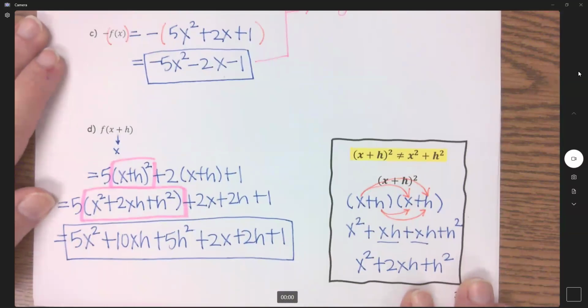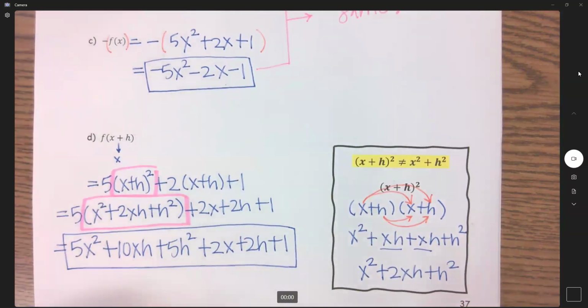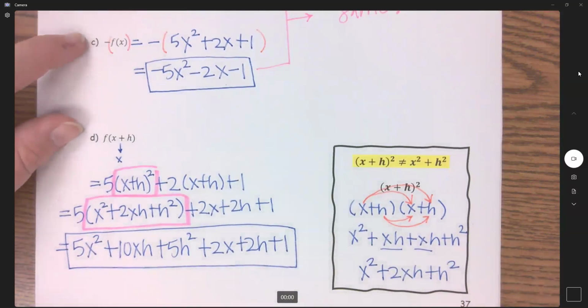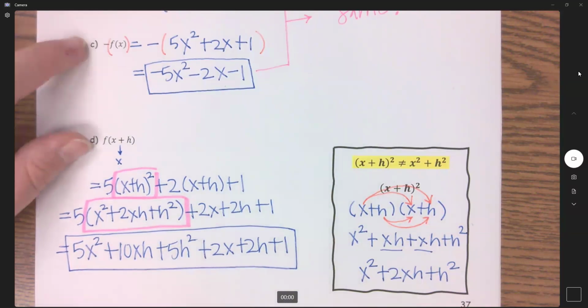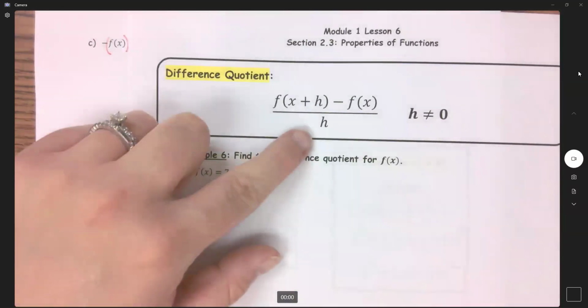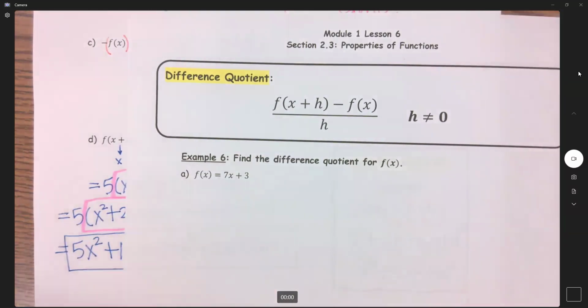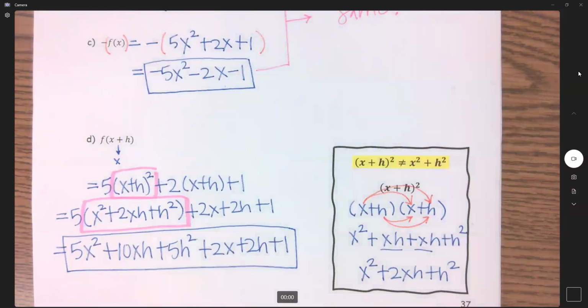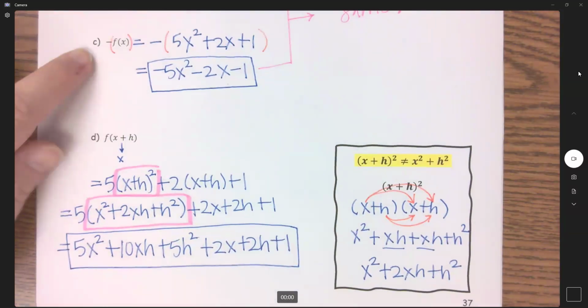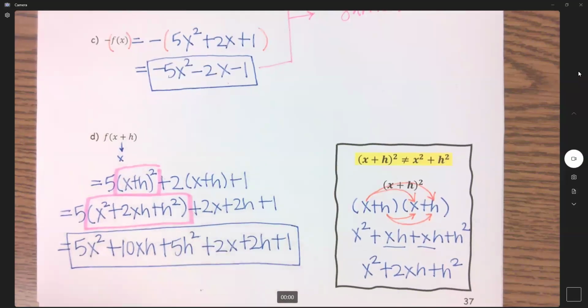So if you do not understand part C and D, rewind this video and make sure you fully understand part C and D, because we're going to do both of these together all over h and a lot of simplifying. It's going to be a lot of algebra. So make sure you know part C and make sure you understand part D before you move on to the next lesson.